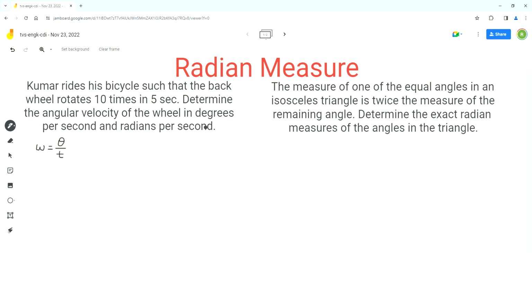Now for the first calculation, we'll use the angle in degrees because we have to calculate the angular velocity in degrees per second. Now as per the problem, the back wheel rotates 10 times in 5 seconds. One full rotation is equivalent to 360 degrees.